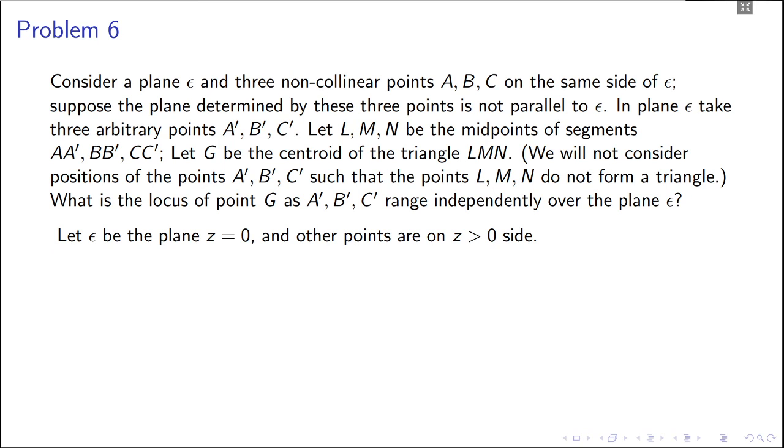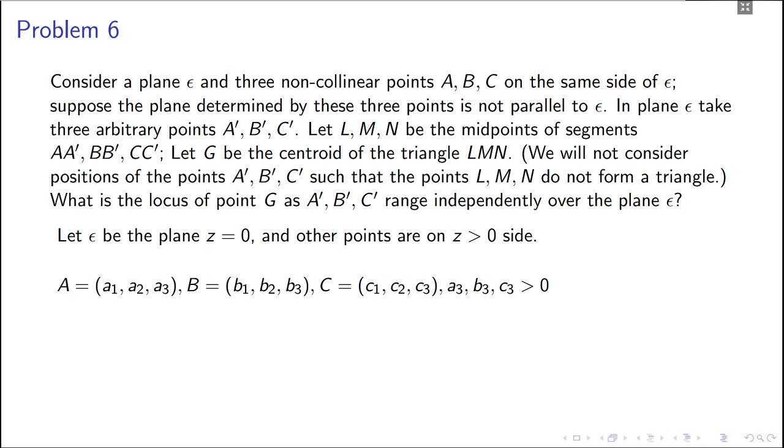It says these points are not parallel to epsilon, and then in plane epsilon, take 3 points A dash, B dash, C dash. Let's take the coordinates of ABC as A1, A2, A3, B1, B2, B3, C1, C2, C3, and of course the Z component is going to be greater than 0.